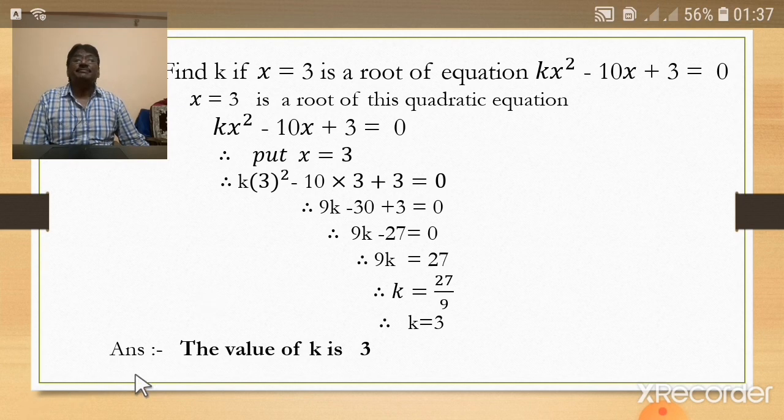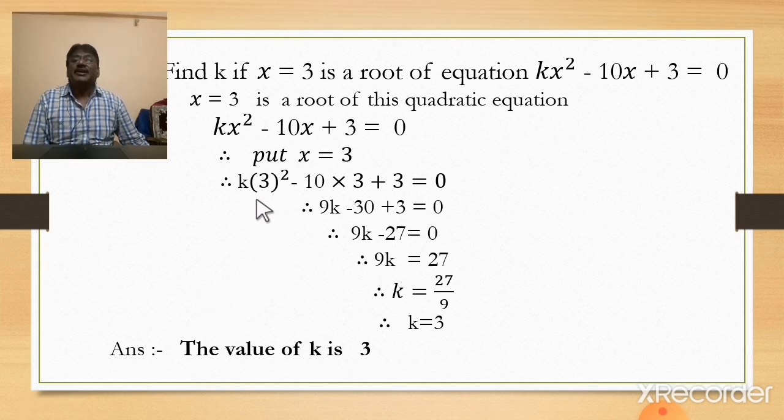Then we get k into 3 square minus 10 into 3 plus 3. We put 3 instead of x. Now the square of 3 is 9, therefore the first term we get is 9k, and the multiplication of minus 10 into 3 gives minus 30, and plus 3 as it is.